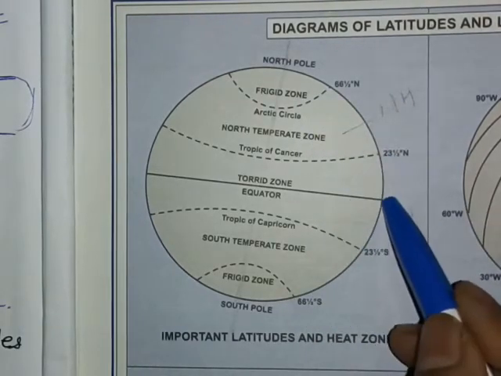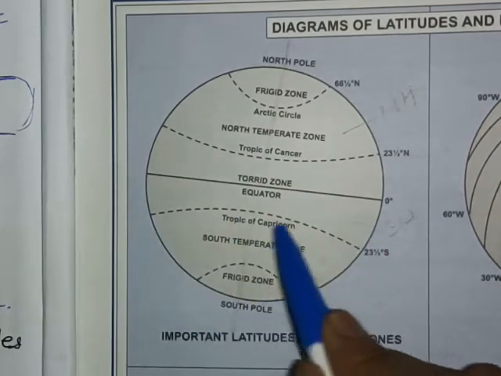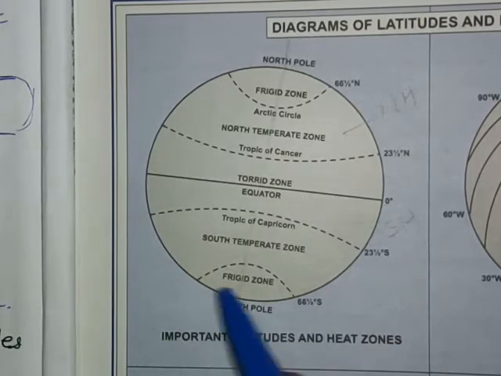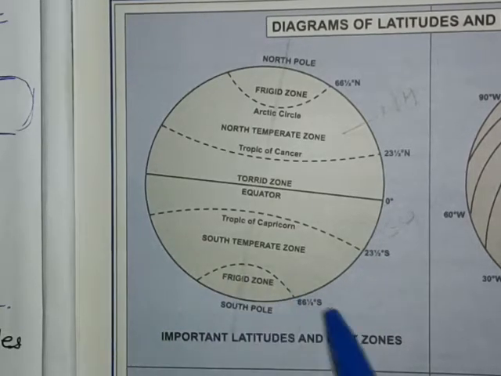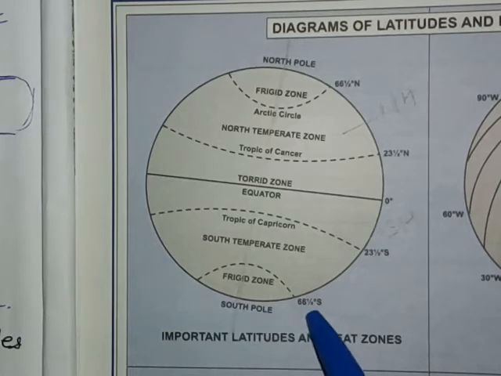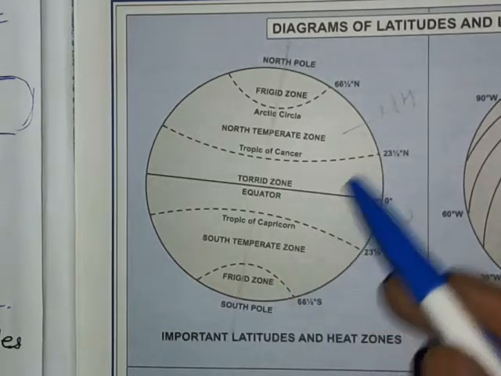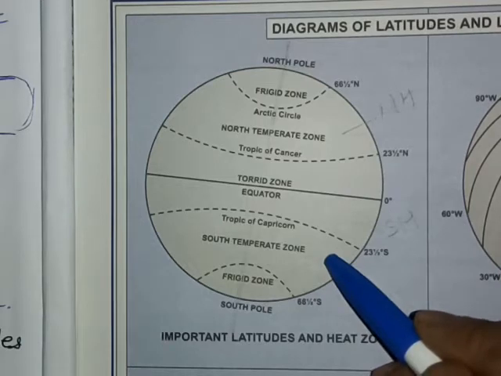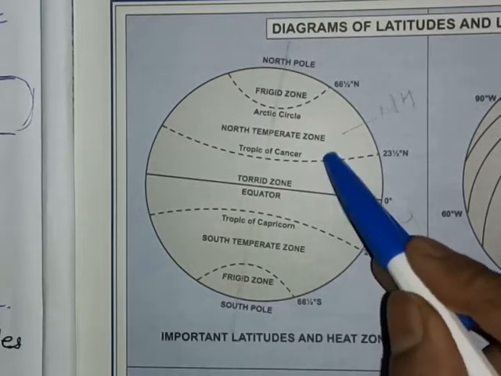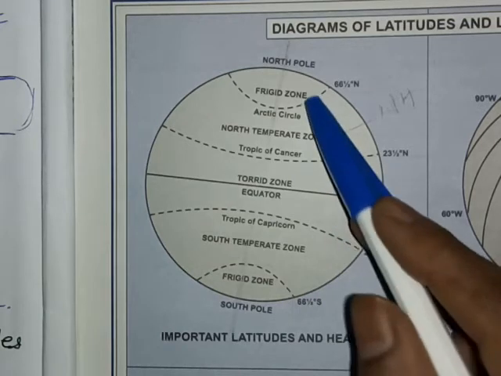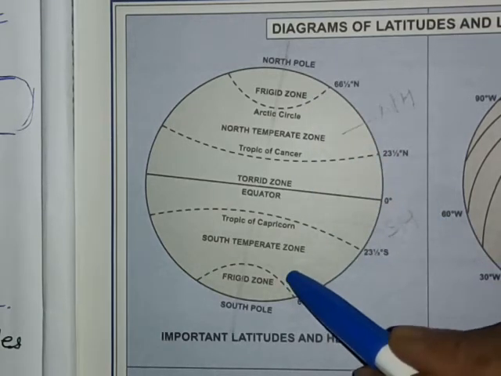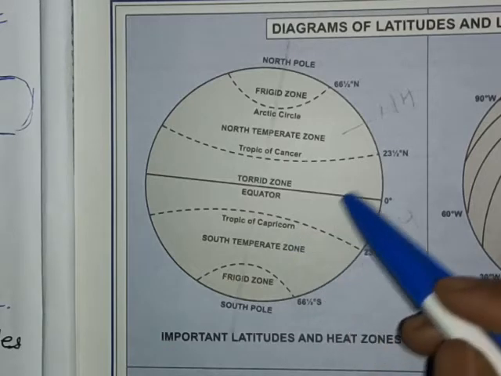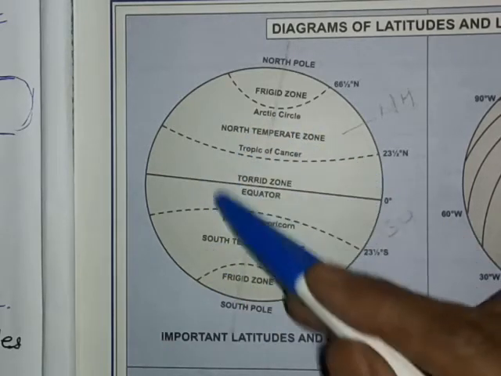In the same way, if you move towards the south, the Tropic of Capricorn lies at 23.5 degrees south, and the Antarctic Circle lies at 66.5 degrees south. So the equator, Tropic of Cancer, Tropic of Capricorn, Arctic Circle and Antarctic Circle have special names.